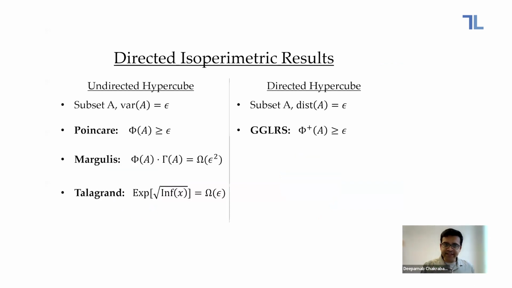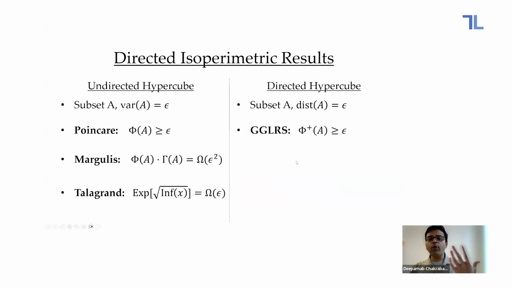Now it so happens that much richer statements can be proved for the undirected cube. I'm flashing these statements, and I'm going to talk about them more in my Thursday lecture. At a high level, in particular in this Margulis statement, this is the edge boundary, the number of edges, and gamma is like some sort of vertex boundary.